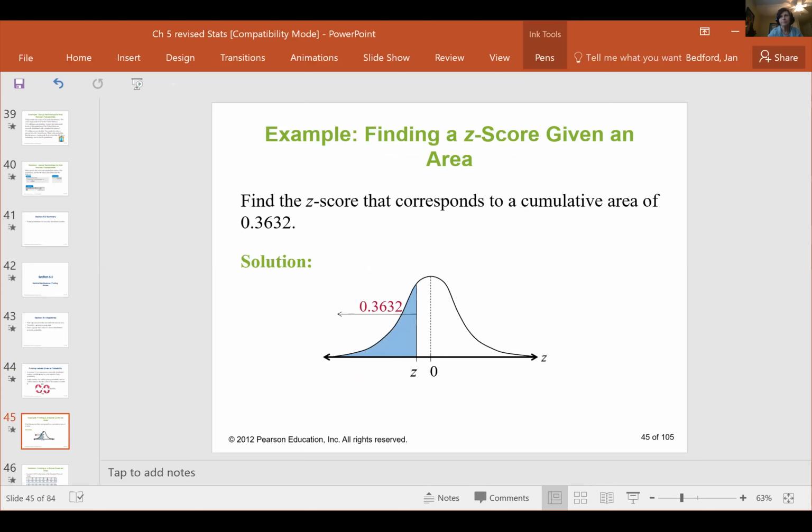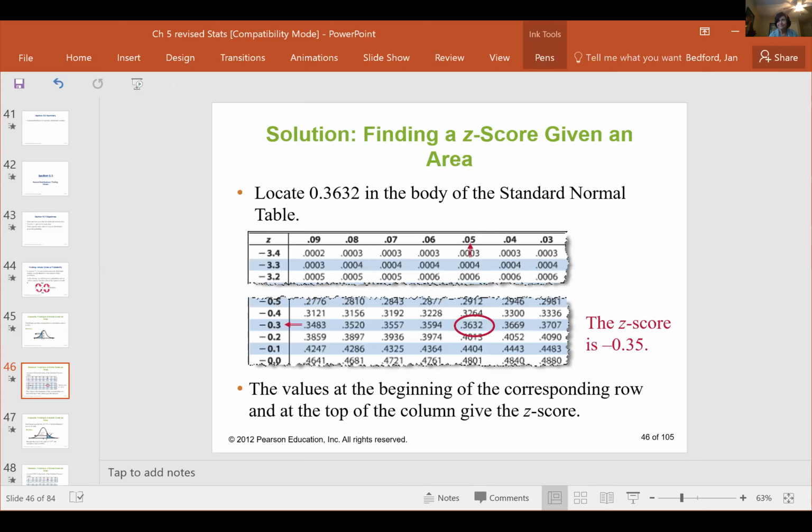So, for example, if you've got a graph and you see this curve in the area that's shaded and you know it's 0.3632, how in the world can you figure out what that Z-score should be? Well, here's one way. If you have the table, you can scan through all those rows and columns to see if you can find 0.3632.